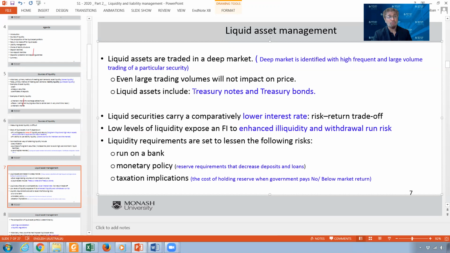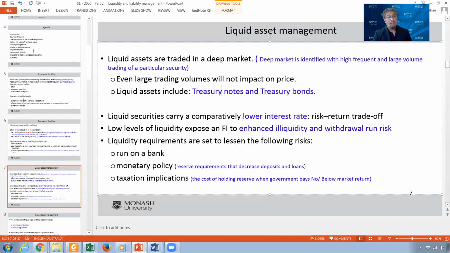So you can sell them to the central bank or in the market easily. Now, liquid securities carry a comparatively low interest rate because they are short term. The government will give you 1 to 1.5%, or 2% maximum now in this country, but they are liquid.